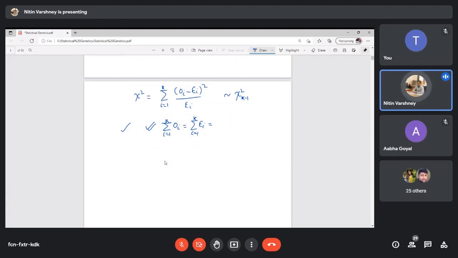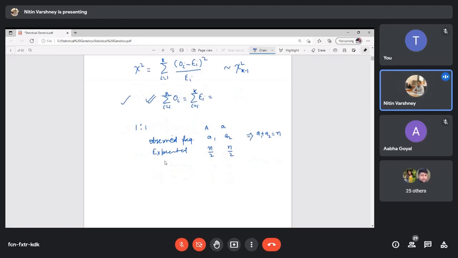Okay. Now suppose I want to check a 1:1 ratio. Suppose this is my observed frequencies, A1, A2, and the type of gamete will be A and small a, and the total A1 plus A2 is equal to N. So the expected frequency will be N by 2 and N by 2.